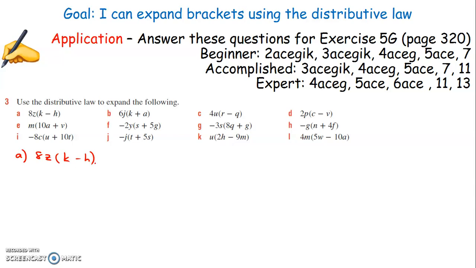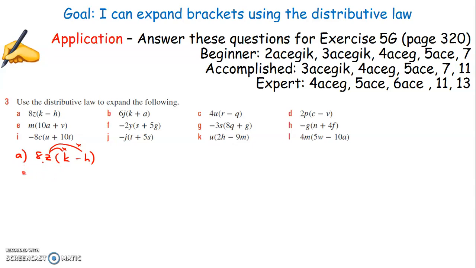But what we can do is, instead of multiplying this 8z outside by this whole bracket, we can multiply the 8z by each of the terms inside the bracket. So 8z times k and 8z times h.